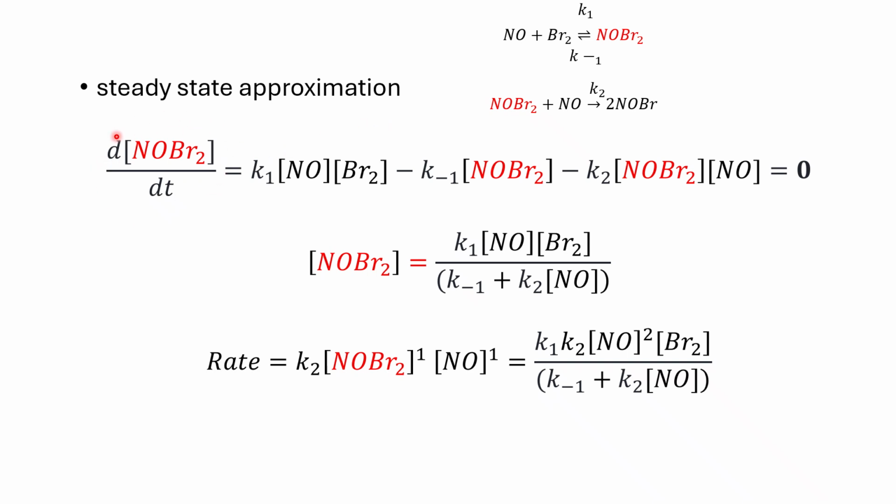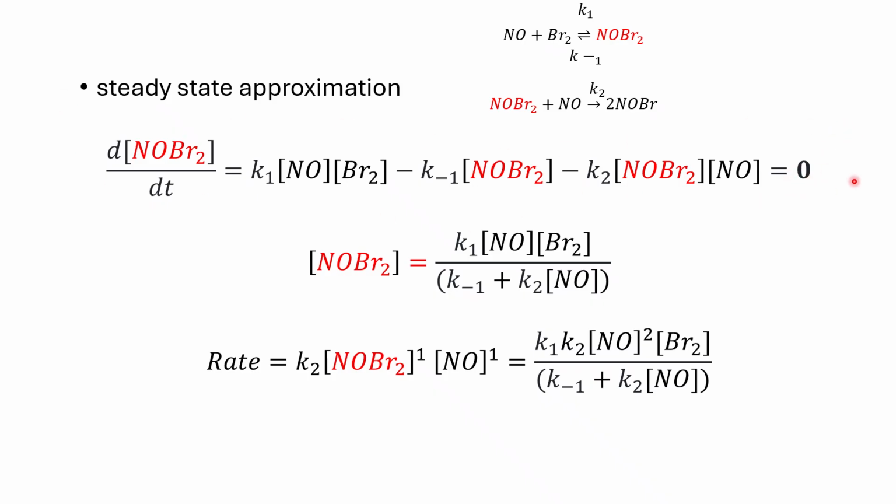This rate of change can be determined from the elementary reactions, where the rate of change of NOBr2 equals k1 multiplied by [NO] multiplied by [Br2], minus, because it has been used up in the reverse direction, k-1 multiplied by the concentration of NOBr2, minus it being consumed through the second elementary step, k2 multiplied by [NOBr2] multiplied by [NO], equals 0.